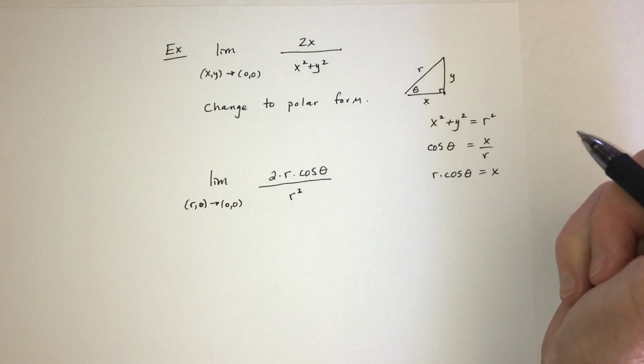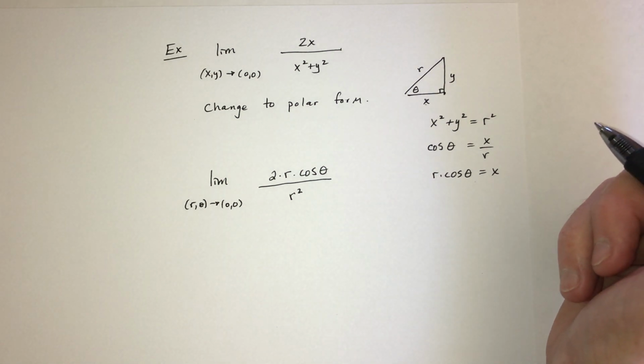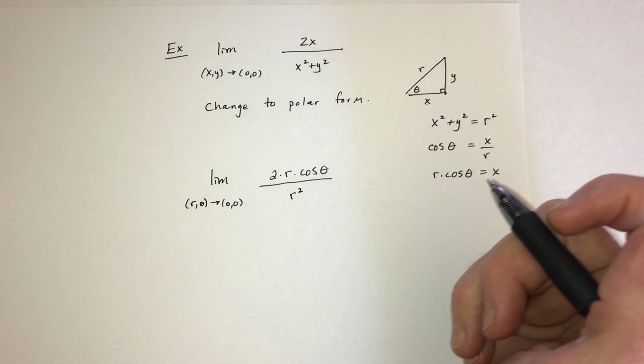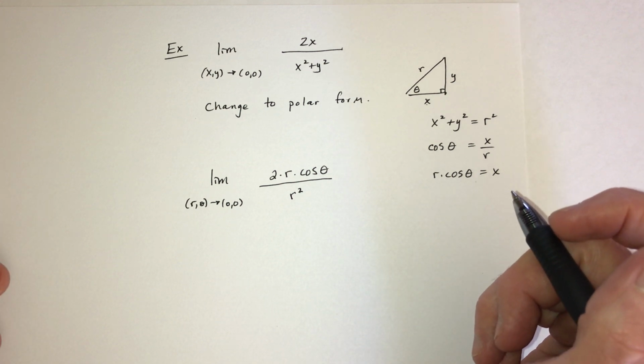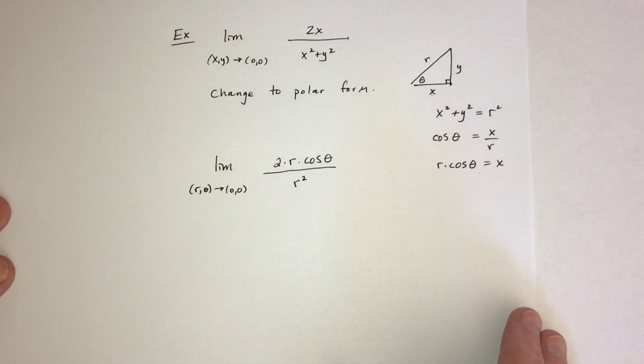And so both r and theta would become 0. Now on the homework, they said to just set it up, but I still want to try to do this one.